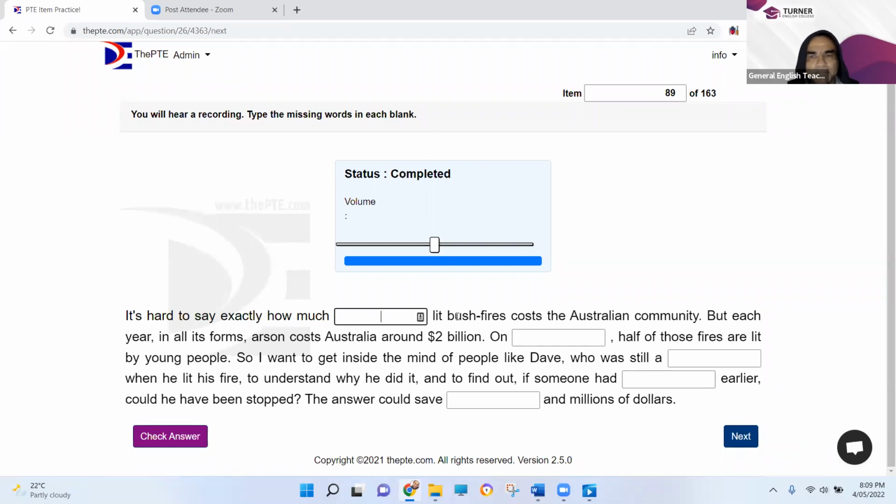So Hela. The first one is deliberately. Second. Average. Average. Yeah.